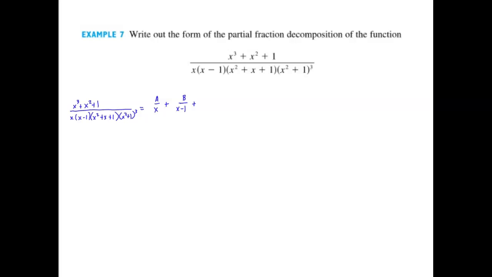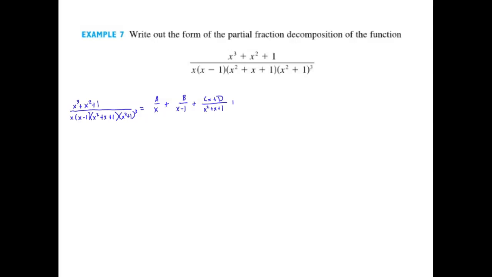Yes, I'm going to just keep going. If we're going to use subscripts, I would just do all A's. But if we're going to use the alphabet, then I would just keep going down the line. But yes, you're correct. So I'm going to do Cx plus D over that irreducible quadratic, x squared plus x plus 1.